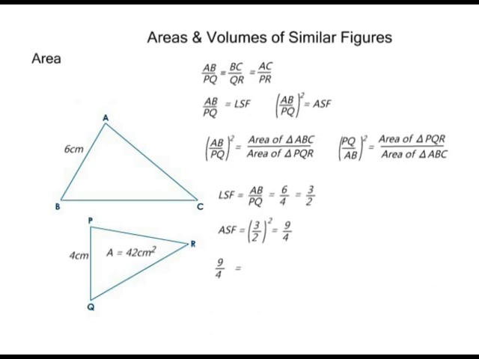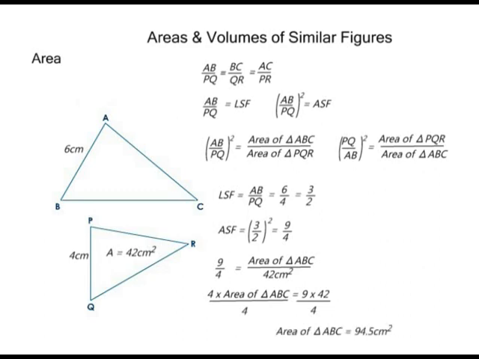And so 9 over 4 is equal to the area of triangle ABC over 42 square centimeters, which is the area of triangle PQR. Cross multiplication: 4 times the area of triangle ABC is equal to 9 times 42. We divide both sides by 4, and the area of triangle ABC is equal to 94.5 square centimeters.